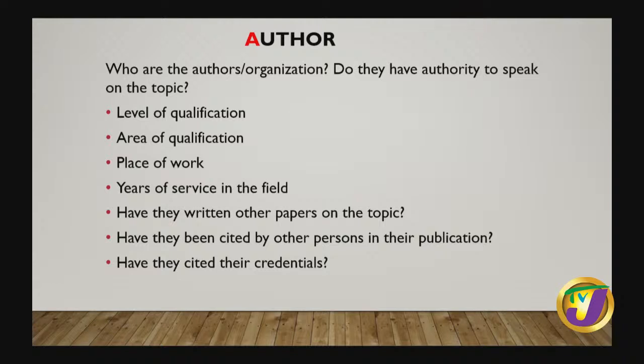Of course, the higher the level, we have more comfort in using or trusting these persons. Their area of qualification, students: not because somebody has the highest level of education means that that person has authority to speak on or write about any and every subject matter in the world.